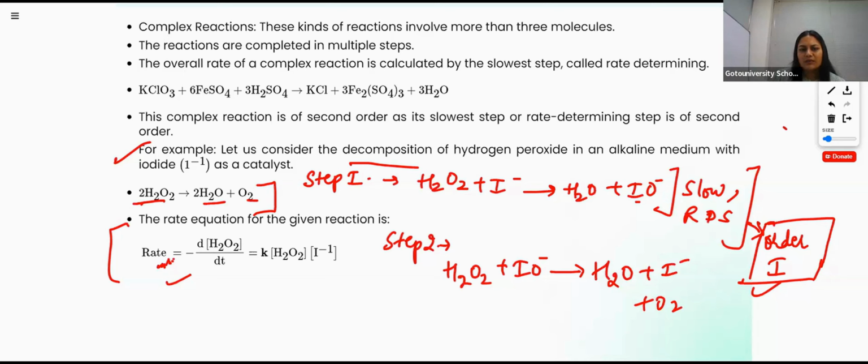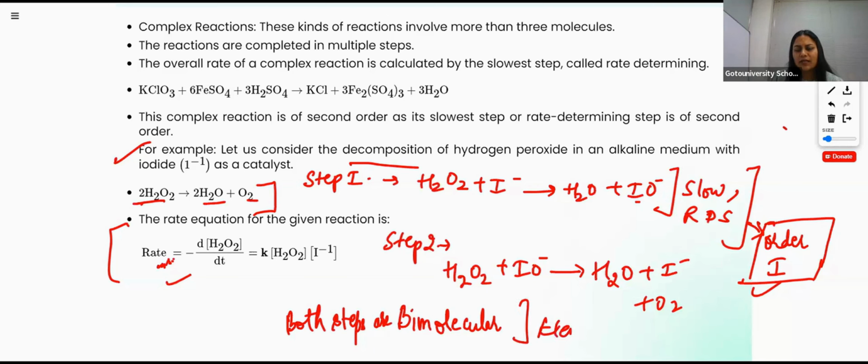So if you check what kind of reaction this is, it is a two-step reaction. Both steps of this reaction are bimolecular. And this is a type of elementary reaction.